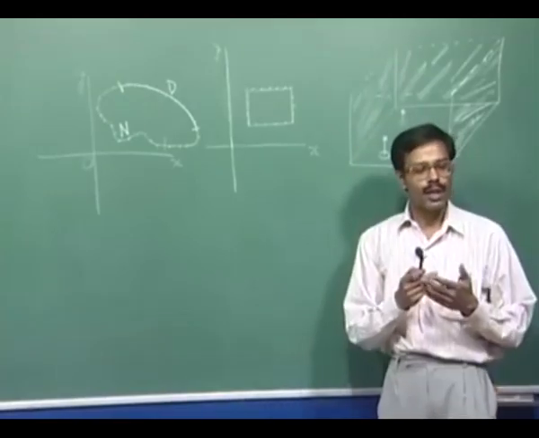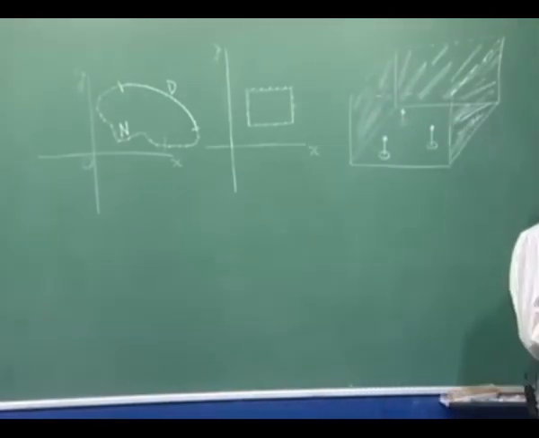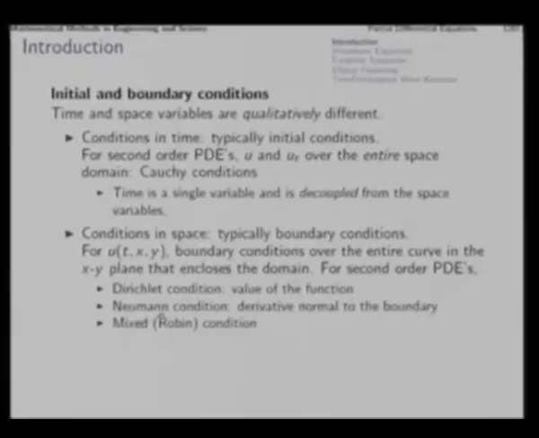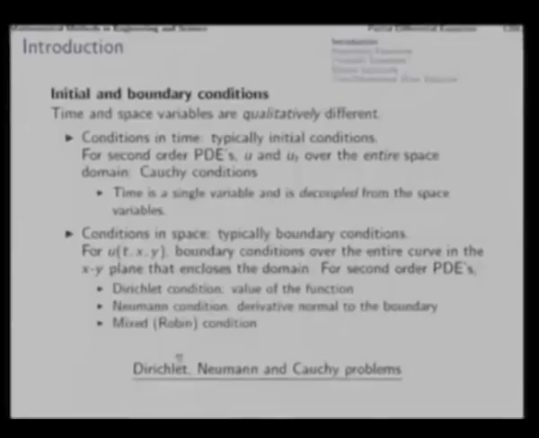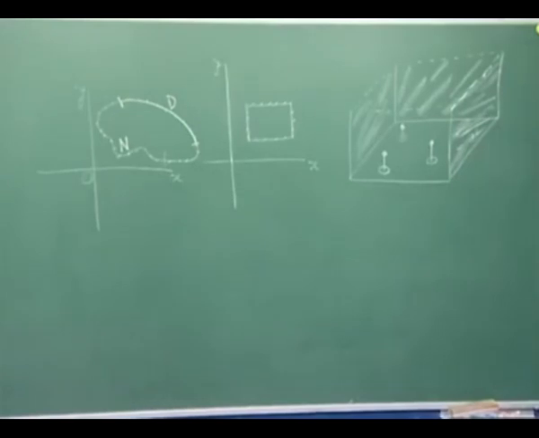Now, you have the third kind of condition also, which is called the mixed condition or Robin condition. If over the entire boundary you supply the function value, the u value, then you get a Dirichlet problem. Similarly, over the entire boundary, if you supply Neumann conditions, at the same point you cannot supply both conditions.